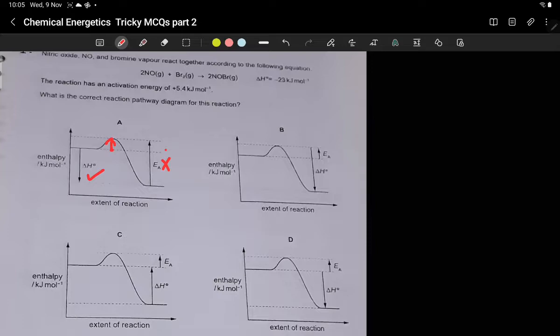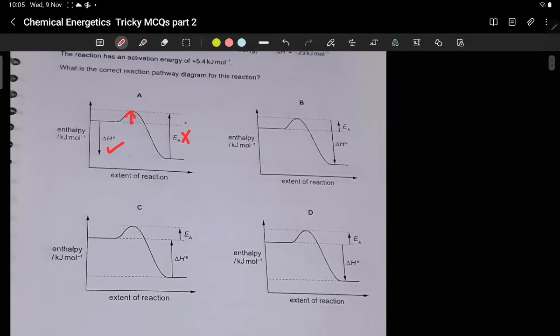So next question, look at the next option. So these are the two questions.